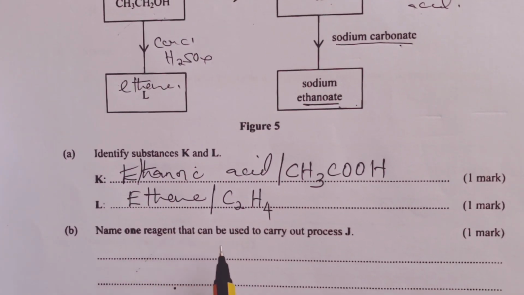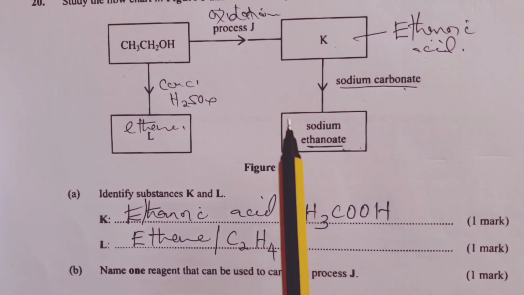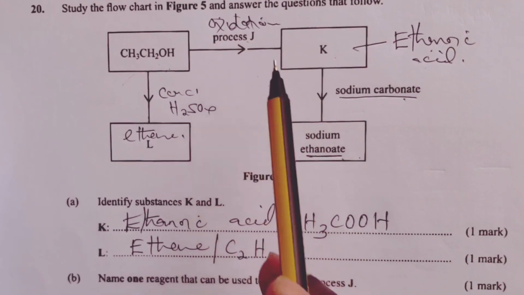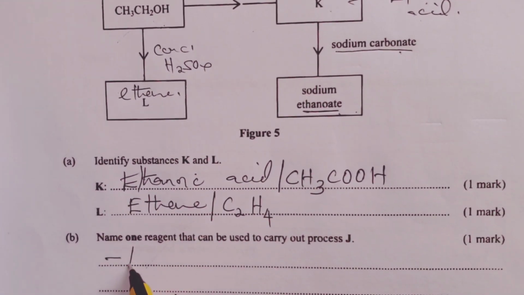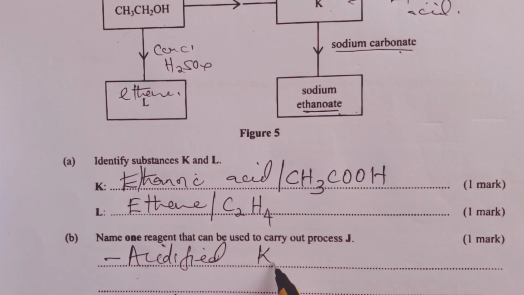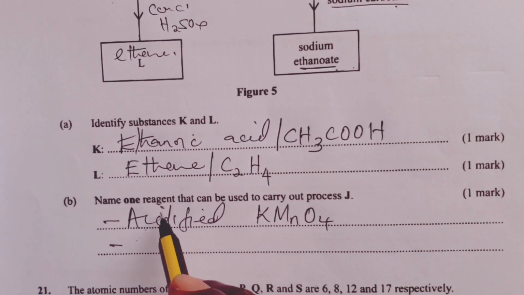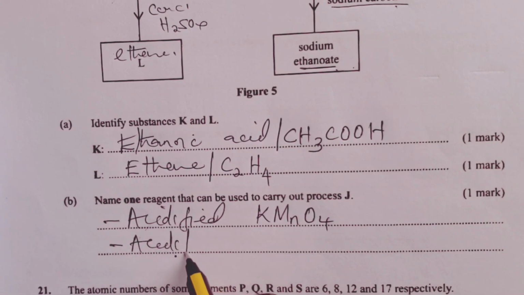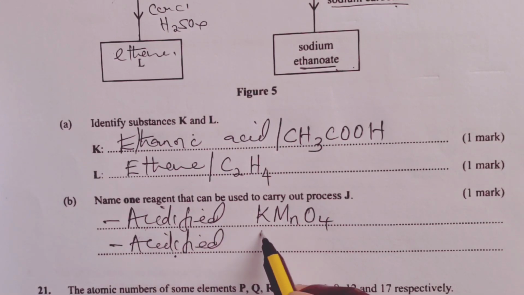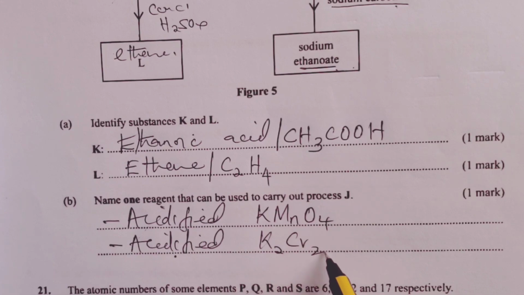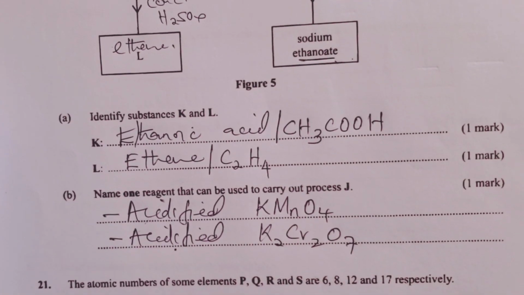Name one reagent that can be used to oxidize the alkanol. We have talked of acidified potassium manganate(VII). Of course, when you are doing this, candidate, use words, or we can also use acidified potassium chromate or dichromate(VI).